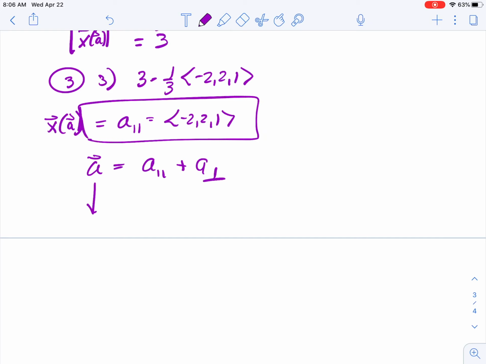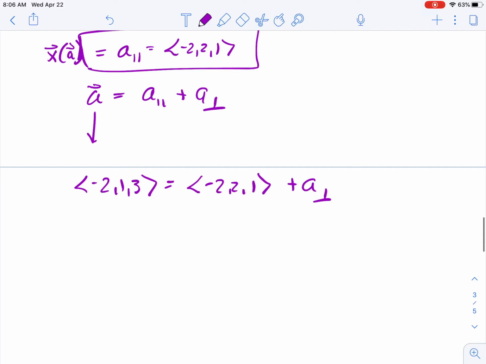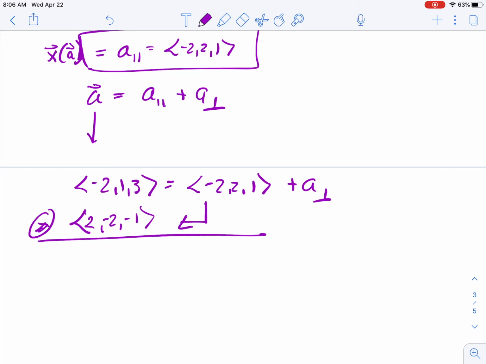So my A component was negative 2, 1, 3. A parallel would be negative 2, 2, 1. And A perpendicular is what we need to find. So again, just subtract out. So that would be 2, negative 1.